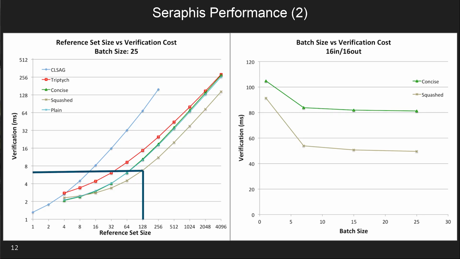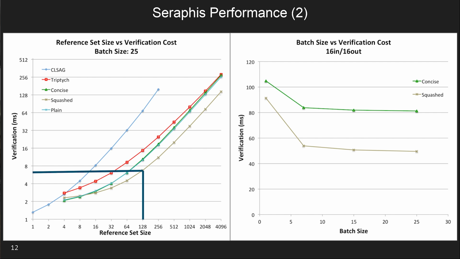So here we have verifying 25 transactions together, 128 ring size with the fastest Seraphis implementation is faster than CLSAG with 16 ring members. And here's a batch size versus verification cost for 16 inputs and 16 outputs.